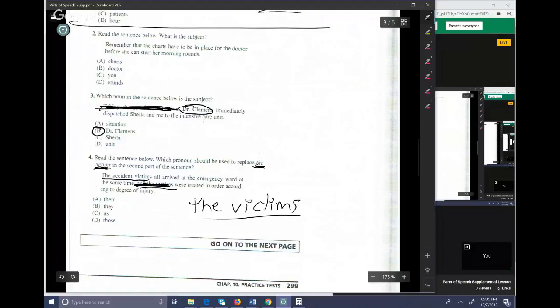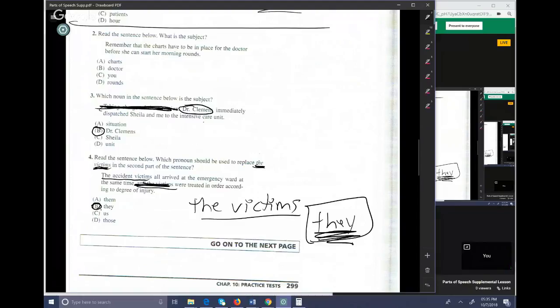They are human victims. And so it's going to be, and I actually used the word in the sentence that I just said, they are human victims. It's going to be they. So when you have plural people and they're not in one group, you're referring to them as more than one person, like victims, that's going to be a they.